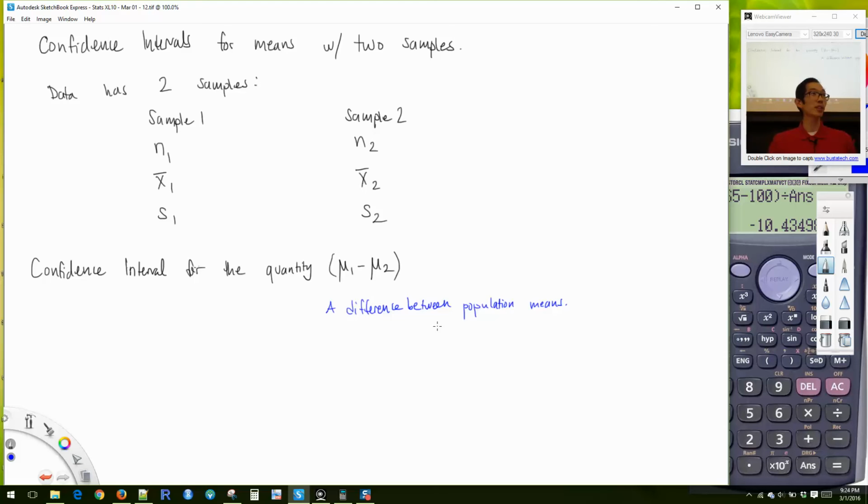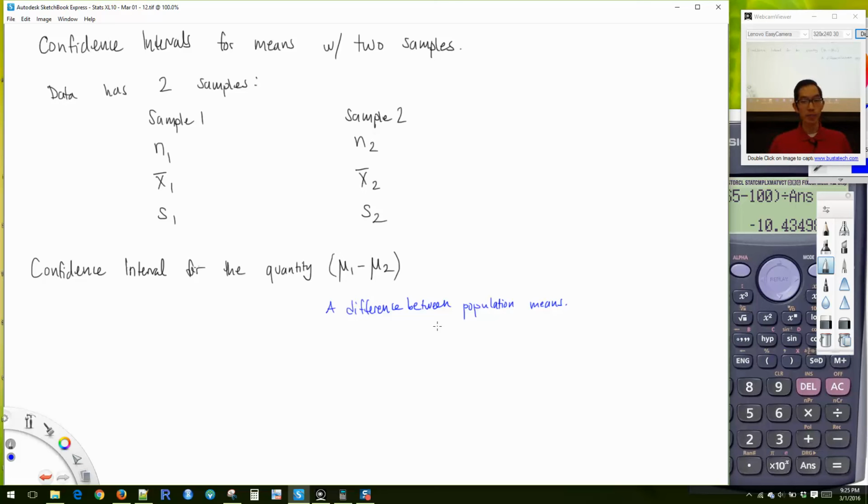How much taller is the average male than the average female? Our answer, somewhere between 5 and 7 inches or something like that. I don't know exactly, but something around there, right? We're not saying the average male is between this and this height and the average female is between this and this height. We're just saying, what's the average difference between your average male and your average female?